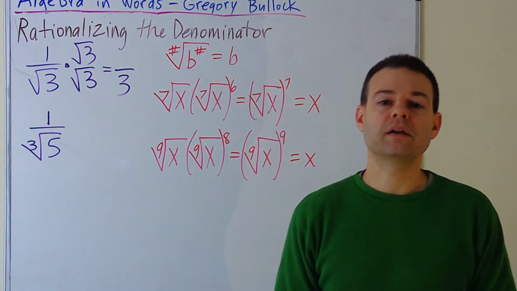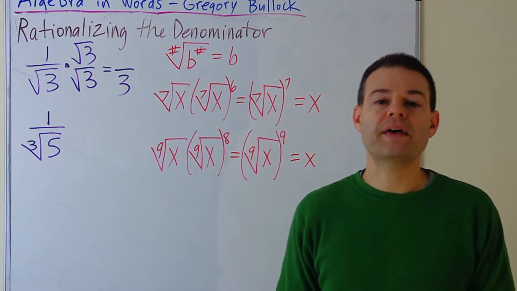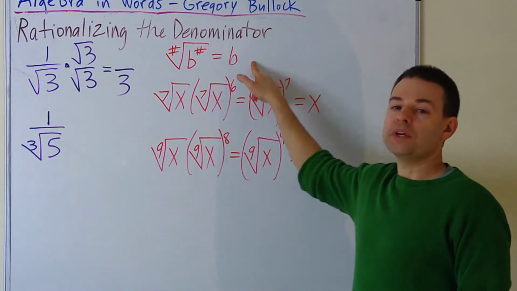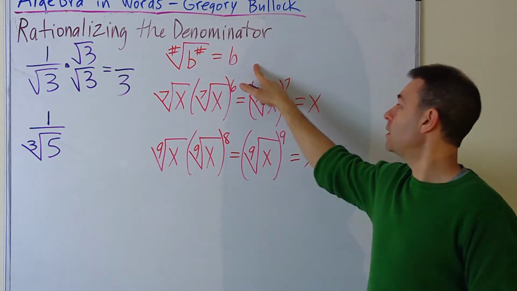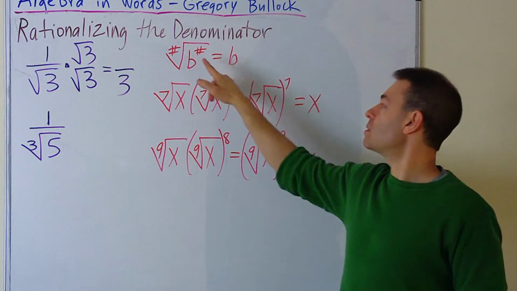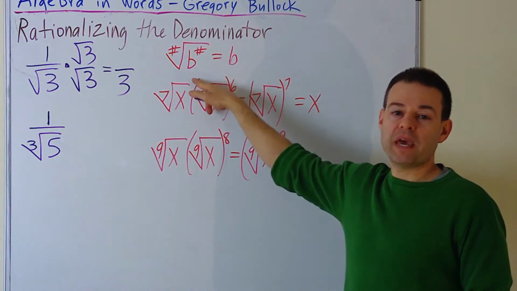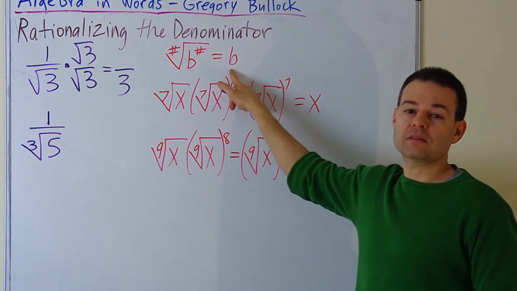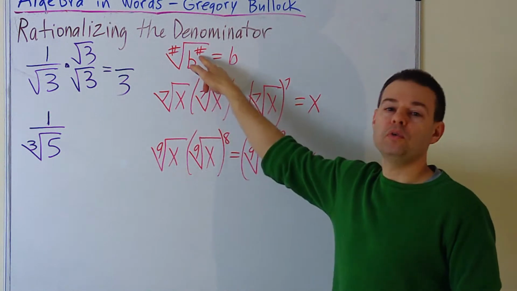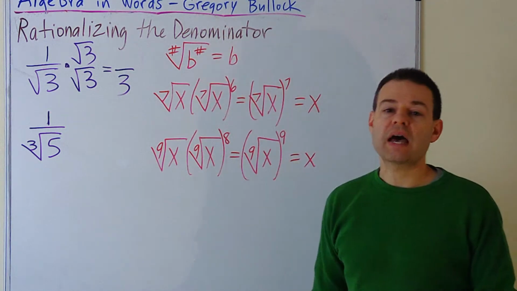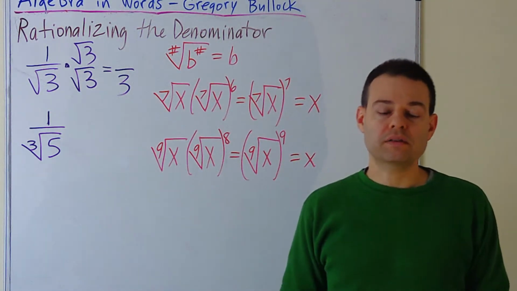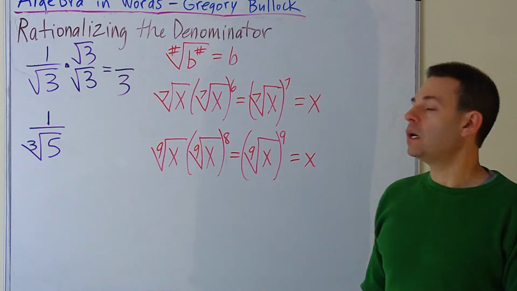That's in the denominator. And just to clarify again why that is, we go back to this principle, which I have written here. When the root is the same as the power of the base, it equals the base. And remember that you could move the power outside of the radical as well. It's the same thing.